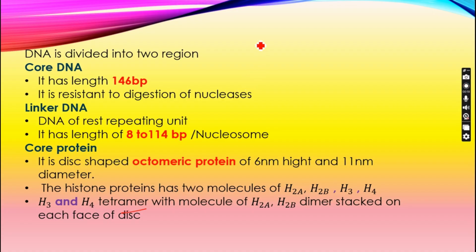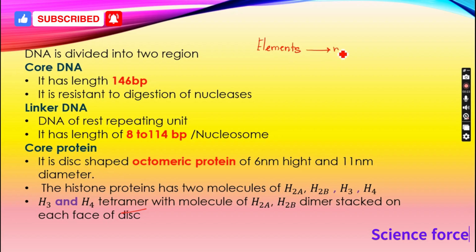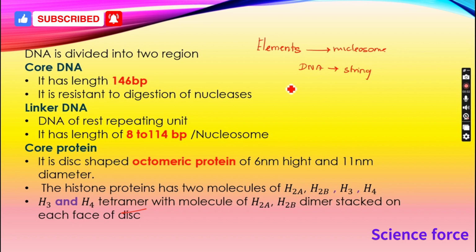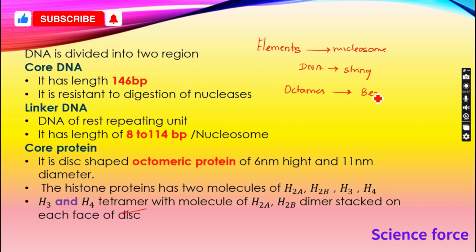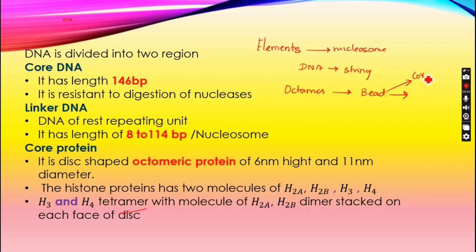Next, we are going to see the elements of the bead and string model, or nucleosome model. As we said, the DNA acts like a string and an octamer of histone acts like a bead. The histone can be core histone and linker histone, which is not involved in this. Only the core histone is involved in this model.